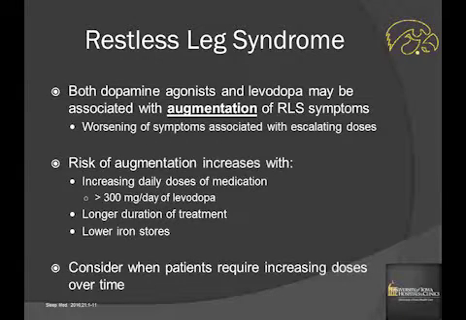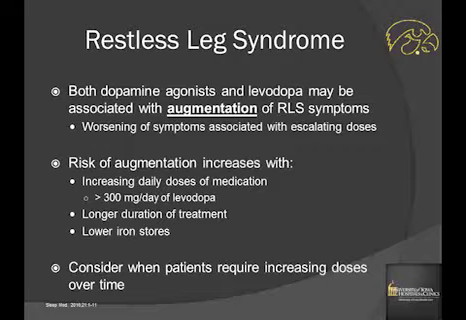Now this is an interesting phenomenon that's picked up some attention over the past couple years: both dopamine agonists and levodopa may be associated with an augmentation of the restless leg symptoms. This is when patients see worsening symptoms despite continuing to go up in their doses of either carbidopa-levodopa or one of the dopamine agonists.